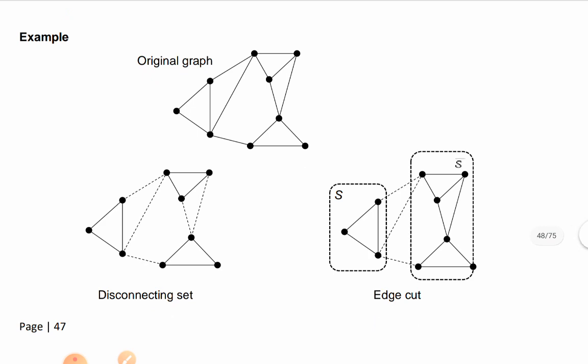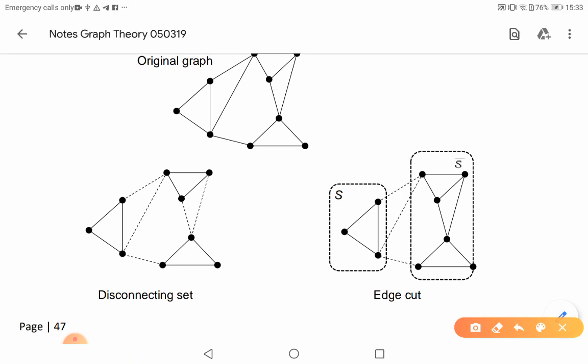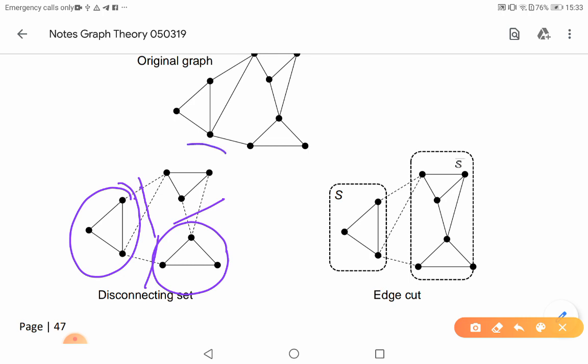Okay, let's see. This is the original graph. If we delete the edges here, and also here, you get 3 components. 1, 2, 3 components. Okay, this is a disconnecting set.